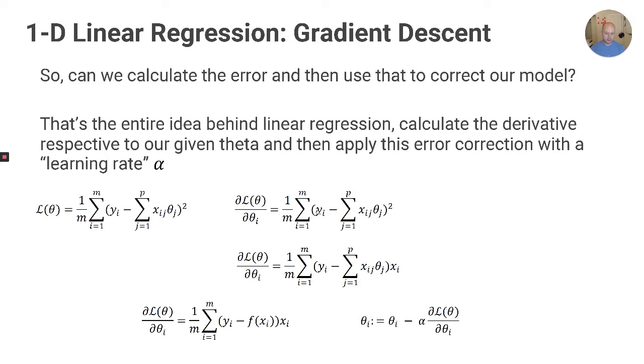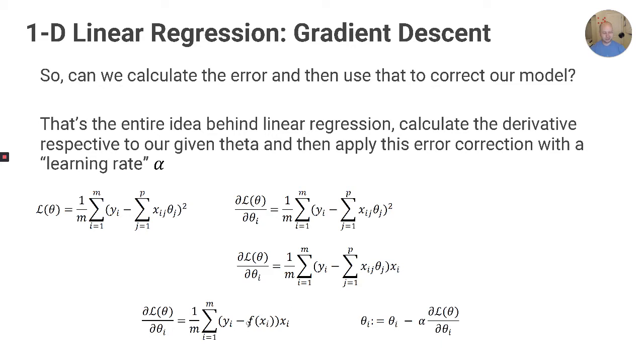And so when I take that derivative, what I'm going to get is, oops, sorry, there's an errata in this. This is not equal. I want to take the derivative of this. This is plugged in. I'm sorry about that. But anyways, the derivative of the loss respective to theta i is going to be equal to essentially this value here, which is one over the sum of the yi minus xij theta j times xi.